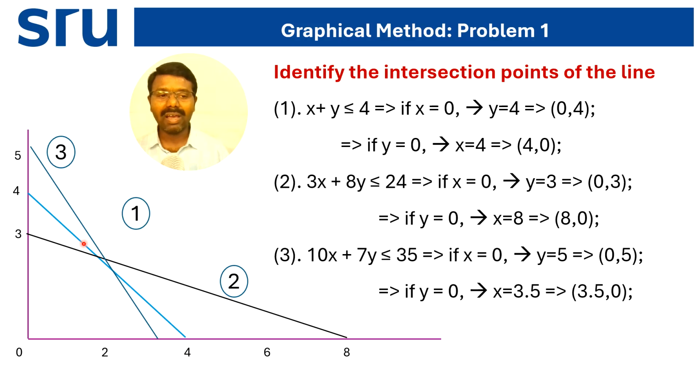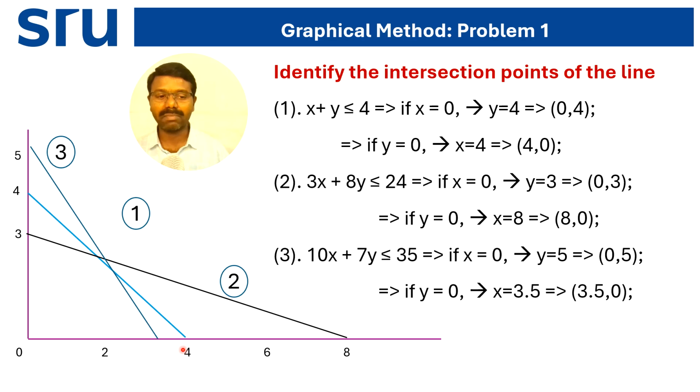So the line area which is towards the origin will cover the area for the less than symbol. If x plus y is greater than 4, it will cover the above area which is away from the origin, and x plus y less than or equal to 4 will cover the area which is near the origin. So this area it will cover.